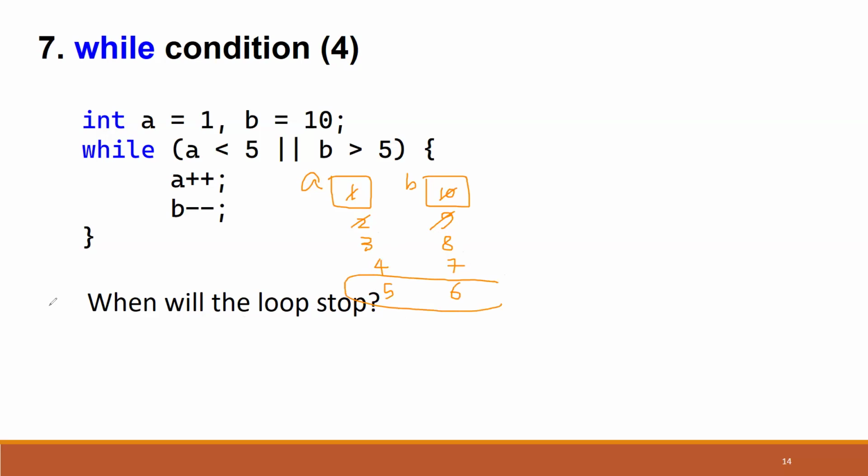Because this part is false, but still this is true. And later A becomes 6, B becomes 5. Now it is false because it is OR.